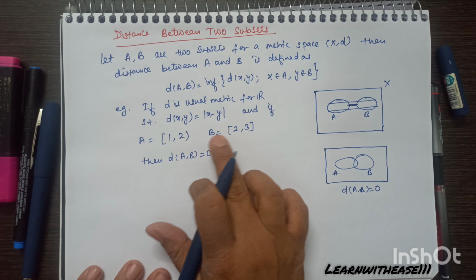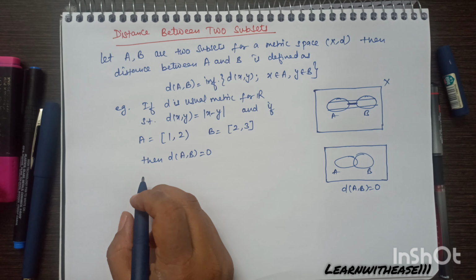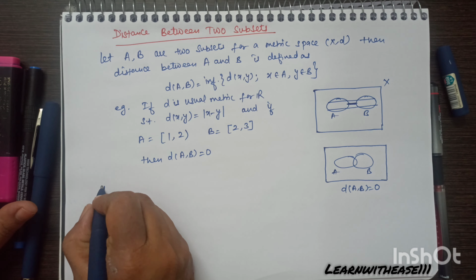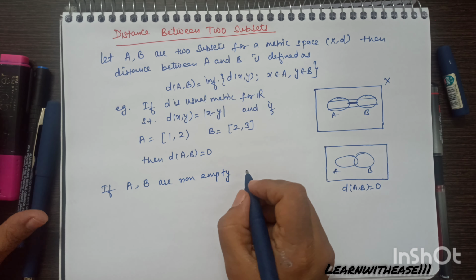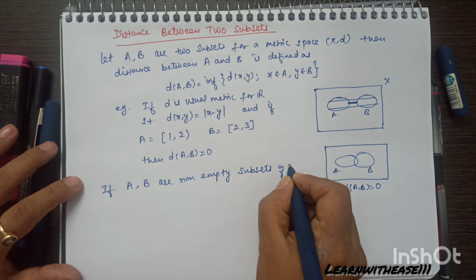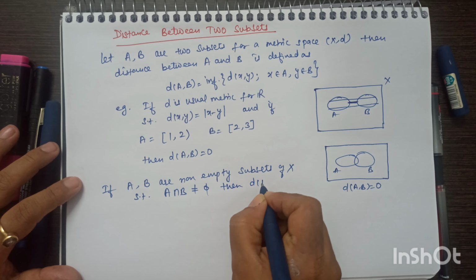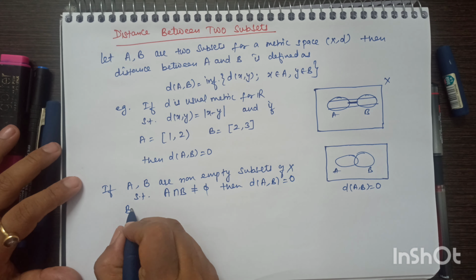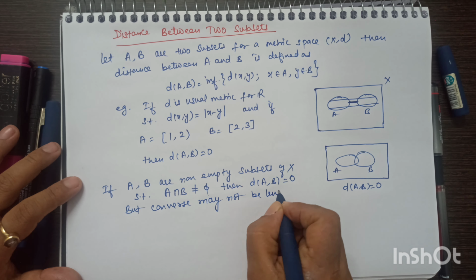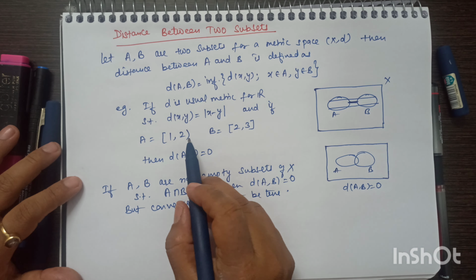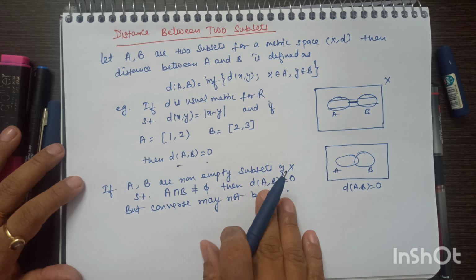In case they have something in common, obviously the distance is 0, but the converse is not true. Like in the above example we have discussed, they have nothing in common, still the distance is 0. If A and B are non-empty subsets of X and A intersection B is non-empty, then the distance will be 0 for sure, but the converse may not be true.